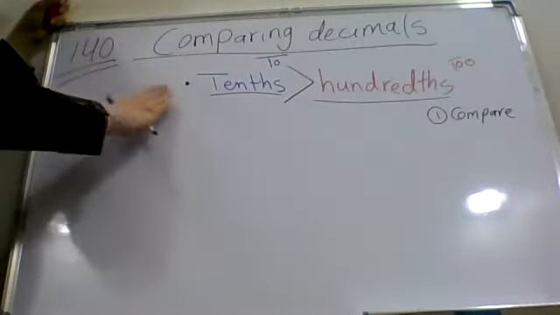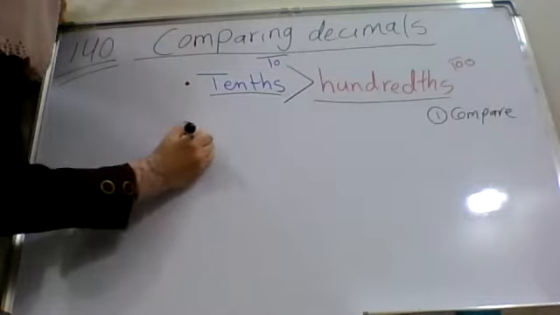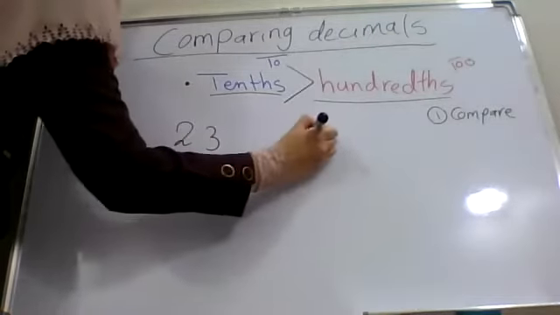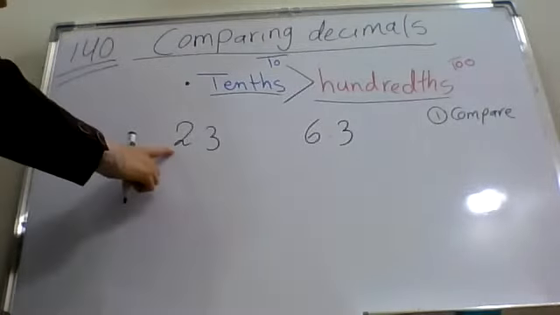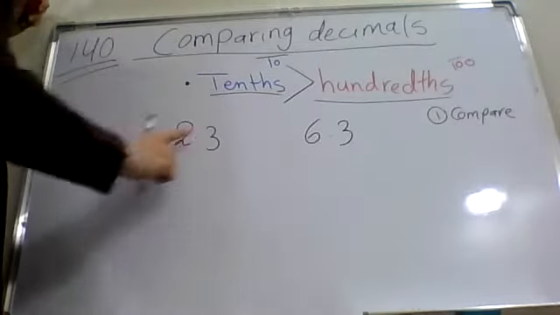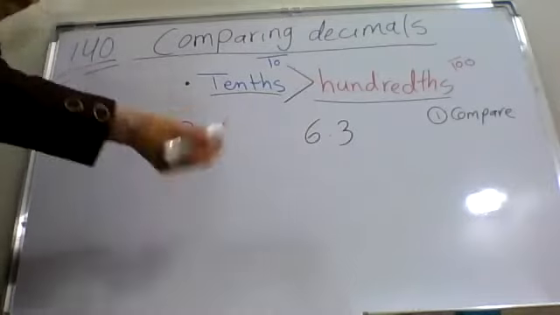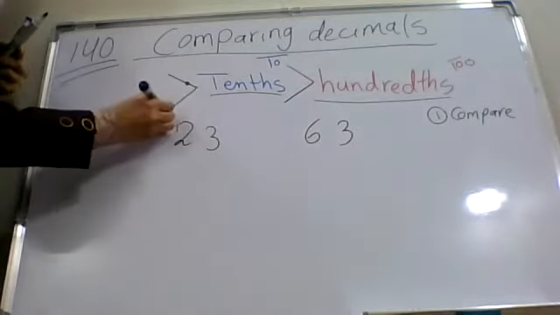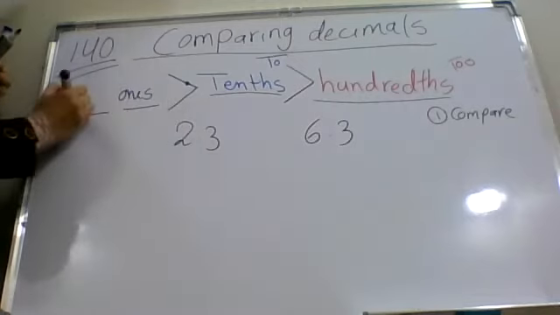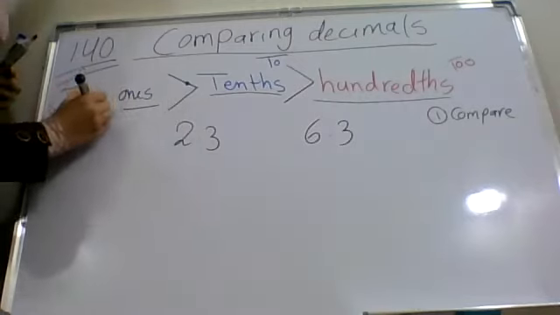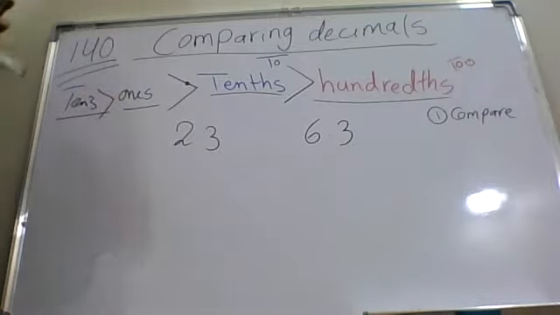Don't forget to compare them, because if you have 2.3 and I have 6.3, which one is bigger? Sure, I have to look at the ones place, which is the biggest place of them all. The ones place is bigger, right? And the 10th place also is bigger than the 100th place, okay?